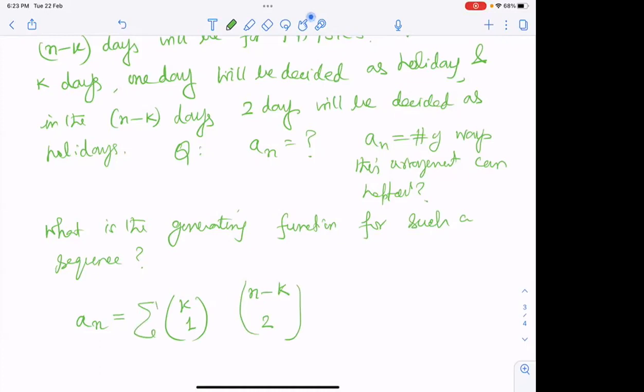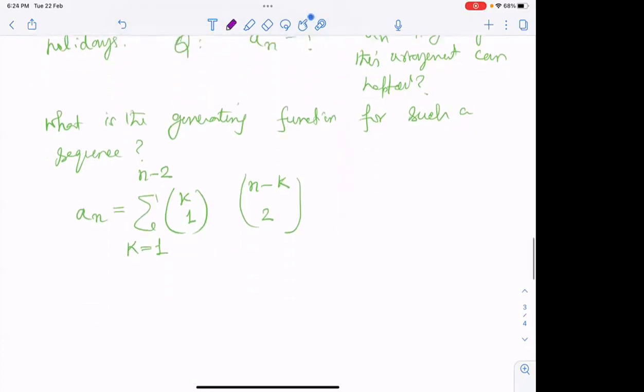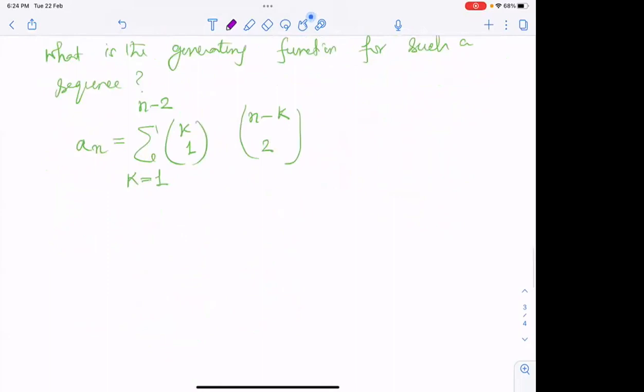Because we want to give at least one holiday. So K should start from 1. And it should go up to n minus 2, right? Right, exactly. It could go up to n minus 2. So this is a kind of binomial expression. You will see how you can simplify it and construct the generating function out of it. It's not difficult. So we'll use again these identities.